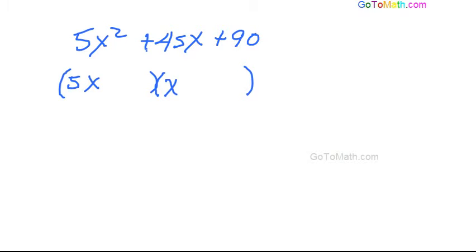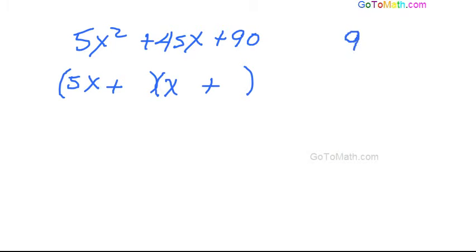And that's not possible, because if this number was multiplied by this number and then added to this, we'd end up getting a negative if both of these were negative. Okay, so it looks like this will have to be positive, and this is also going to have to be positive.